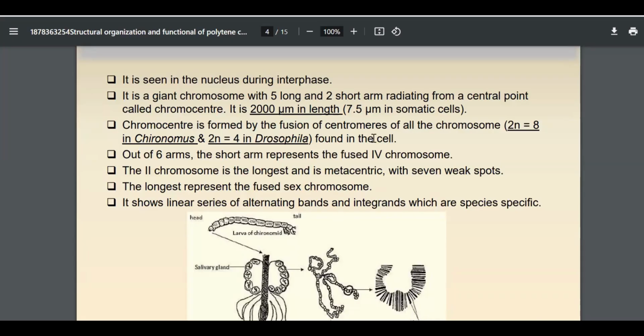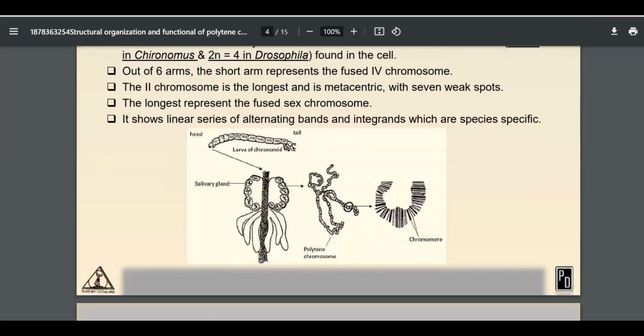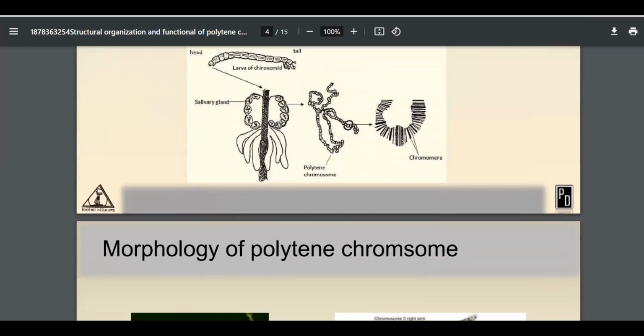Now, the chromocenter is formed by fusion of the centromeres of all the chromosomes. 2n is equal to 8, right? So 2n is diploidy, we are talking about it. So you are going to see one of these photographs that tells you about the types of the different arms radiating from the chromocenter structure.